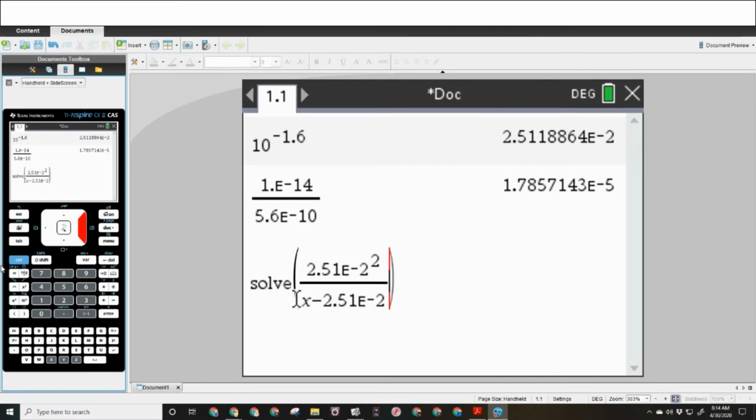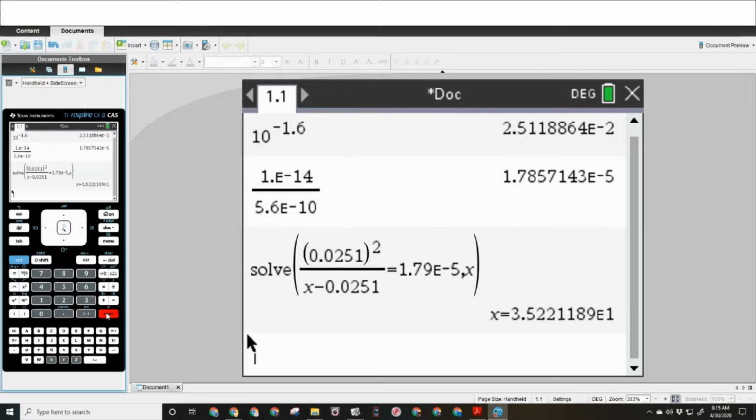That's all equal to 1.79 times 10 to the negative 5. So there's our algebraic expression. We want to solve for x here. So you have to tell the TI-Nspire to solve for x, that's the comma symbol, solve for x. All right, and when we hit enter, x is 3.52 times 10 to the 1.